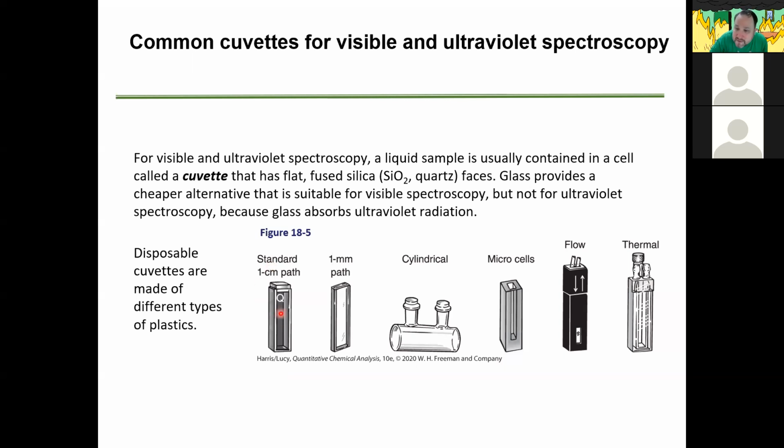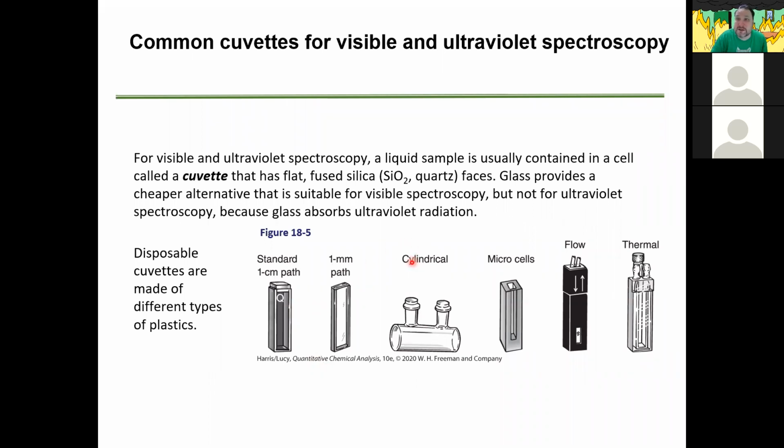So here is one that is a microcell over here. It's got a reduced volume, but the path length as you go from this side to this face is still going to be 1 centimeter. You can have ones that are very narrow, like this guy's a 1 millimeter path. So if you're working with a very optically dense or concentrated solution, maybe 1 centimeter is going to absorb way too much light. Maybe you only need 1 millimeter.